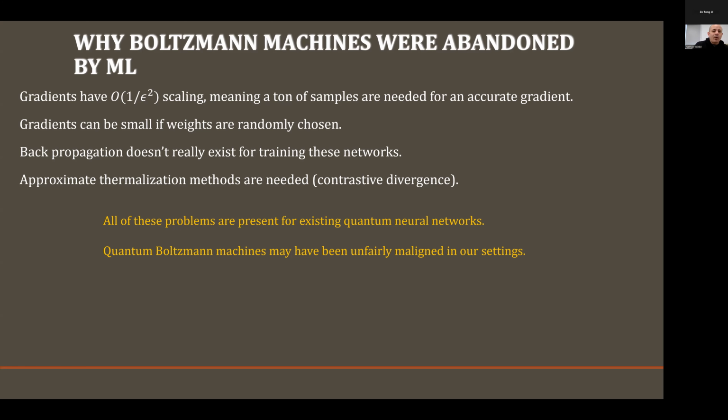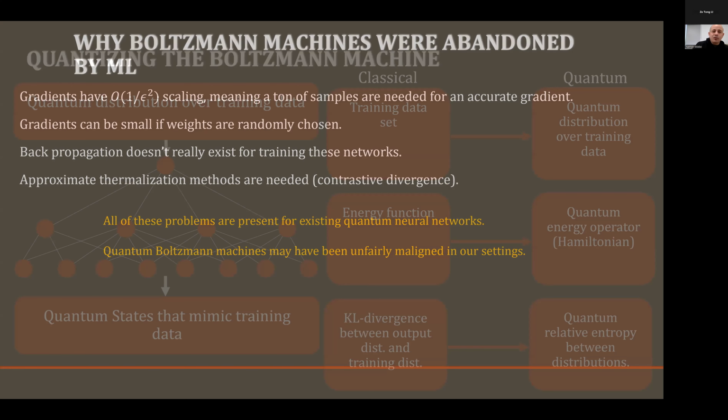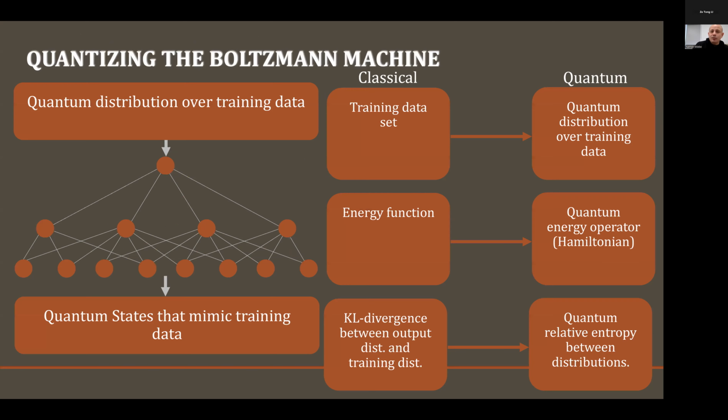So to figure out how we would quantize a Boltzmann machine, it's very simple. What we basically do is take our training data set and replace it with a density matrix, i.e. a quantum distribution over the training data. We take the energy function for the Boltzmann machine and replace it with a quantum energy operator, a Hamiltonian. And instead of the KL divergence, we use a quantum relative entropy between two distributions.